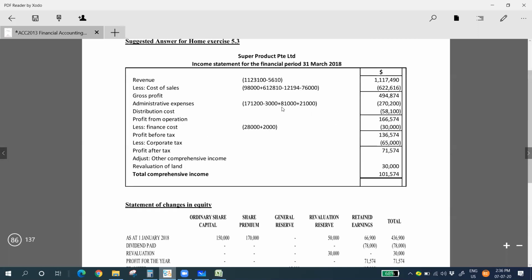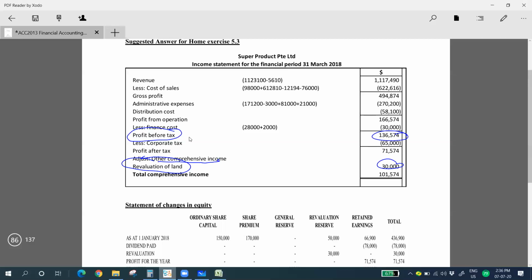Right, so we just take this as an example. Where we show the revaluation gains and losses, we show it here, right? Under other comprehensive income, we show the revaluation gain. Am I right? This is where we show the revaluation gain in the income statement. However, when we prepare the cash flow statement, which amount do we start from? We start from the profit before tax.